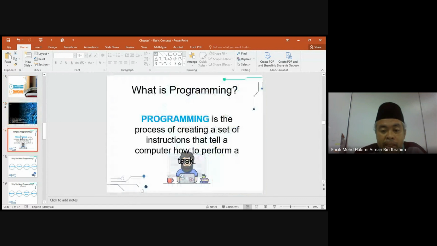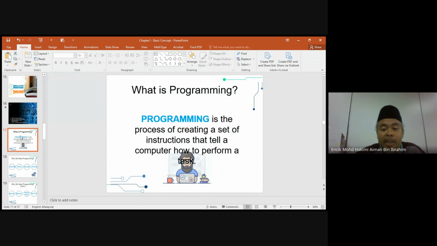Programming is the process of creating a set of instructions that tell a computer how to perform a task. So we're coming back to the input, processing, and also output that I explained to you in the first video. The input will be keyed in by the user, and then by having a program, it will process the input keyed in by the user so that it will display the output.